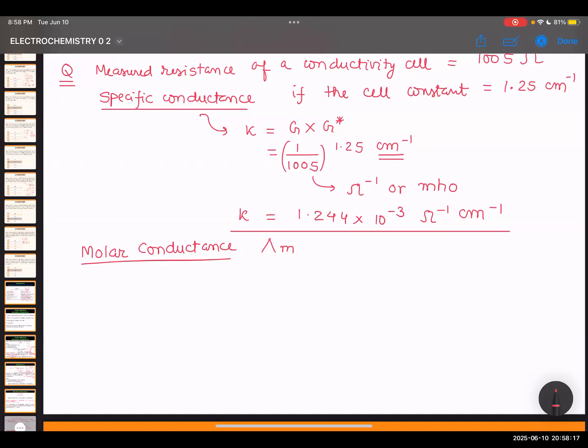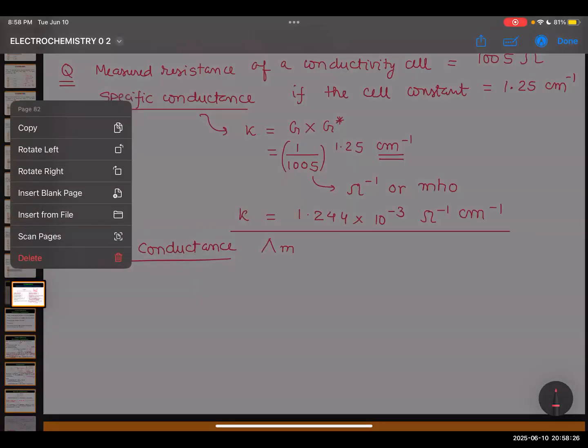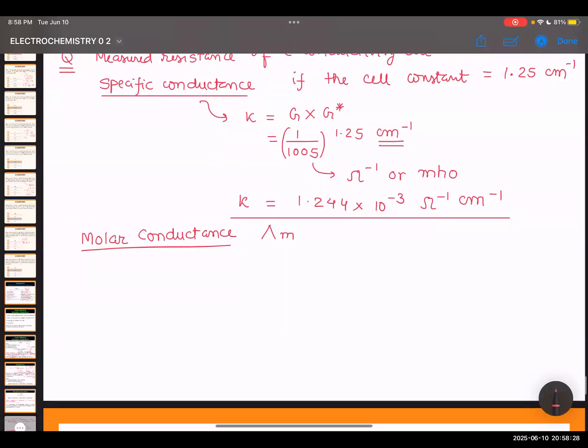Can any one of you help me out? What could be the meaning? Though I have not told yet. Yeah, Marwa, what could be the molar conductance? Tell me.